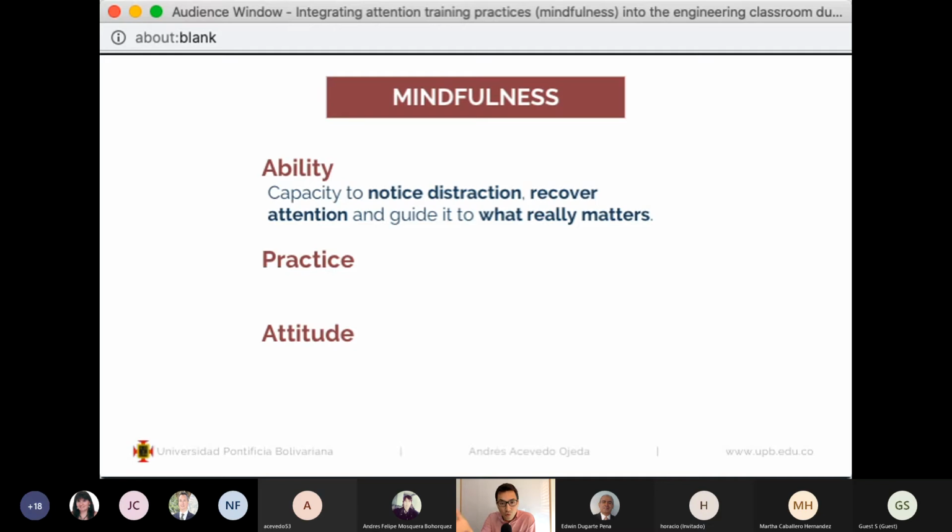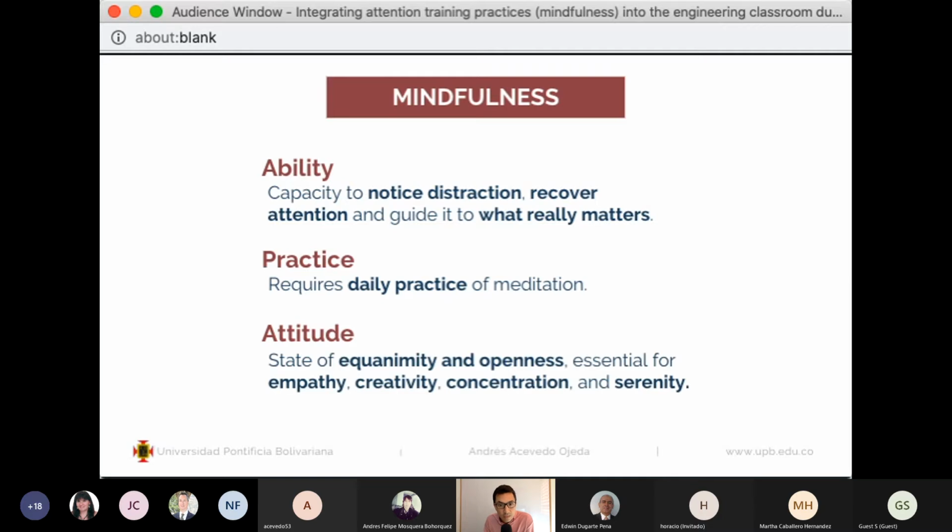It is the capacity to notice distraction, recover attention, and guide it to what really matters. As a practice, it requires the daily habit of meditation. And as an attitude, it constitutes a state of equanimity and openness that is essential for empathy, creativity, concentration, and serenity.